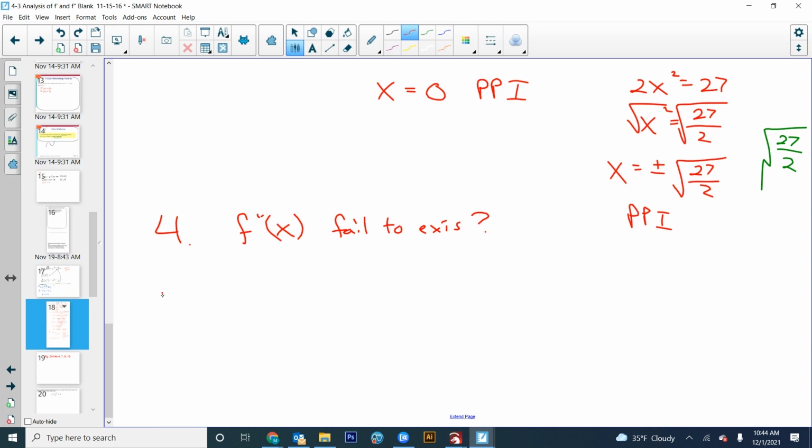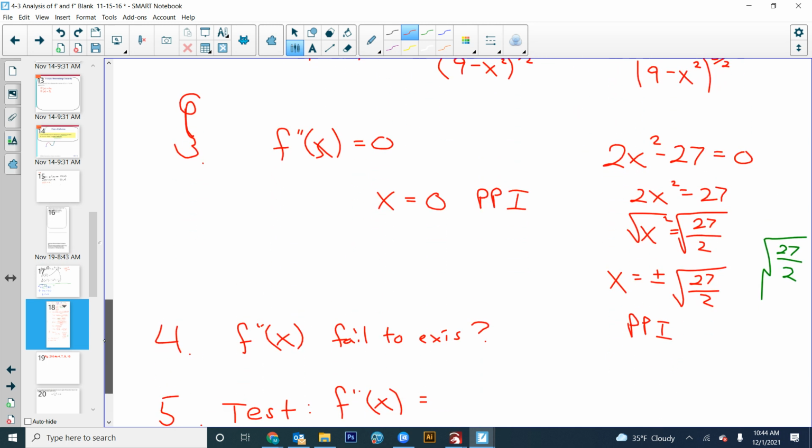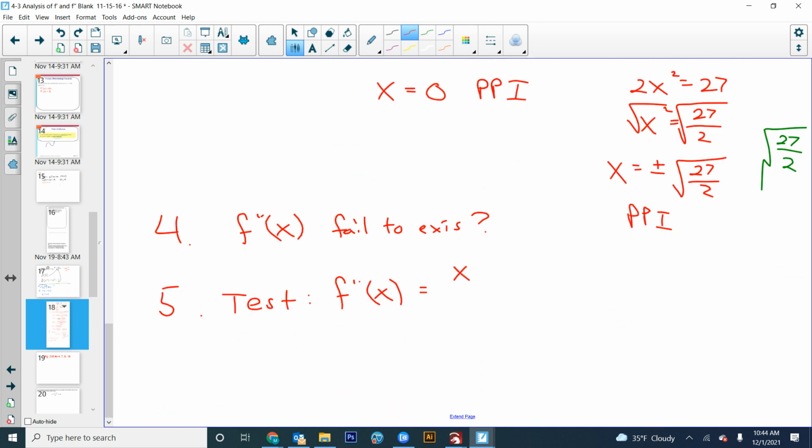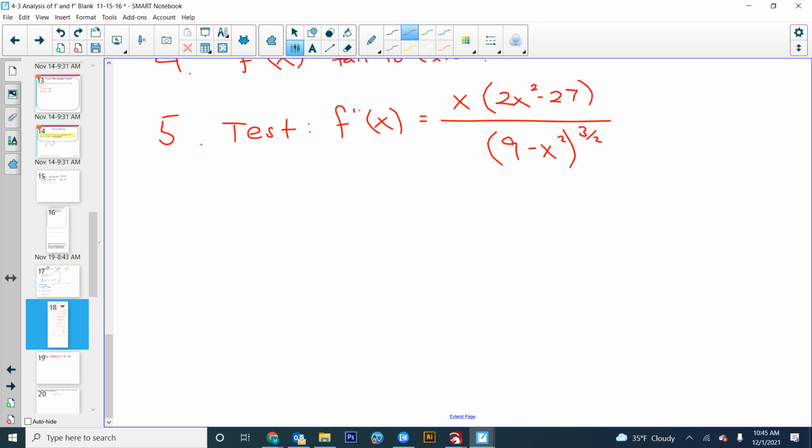All right. So step 5 is to test F double prime, which equals X times 2, was it 2x squared minus 27, all over 9 minus x squared to 3 halves.